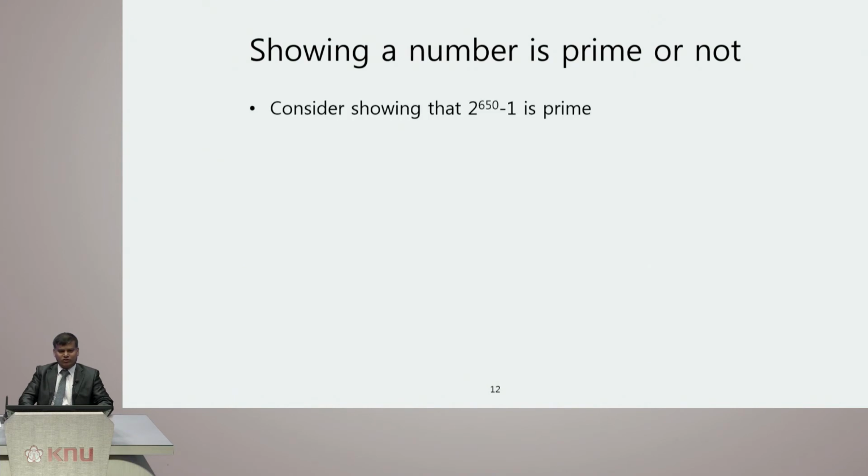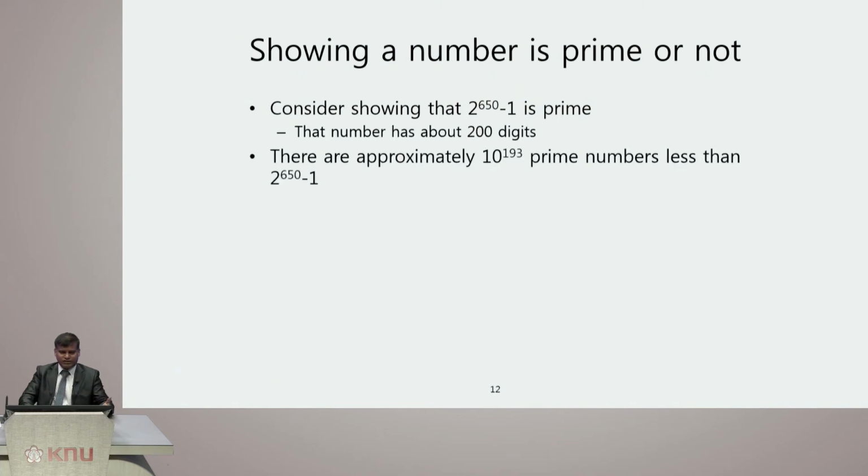Showing a number is prime or not. Consider whether the number 2 power 650 minus 1 is prime. We ought to show whether this is a prime number or not. This number has about 200 digits. So there are approximately 10 power 193 prime numbers less than 2 power 650 minus 1.